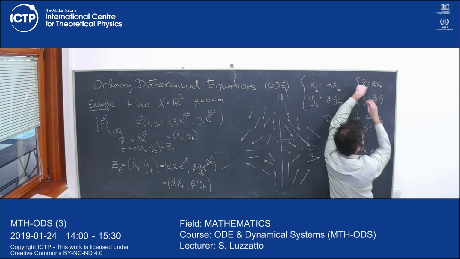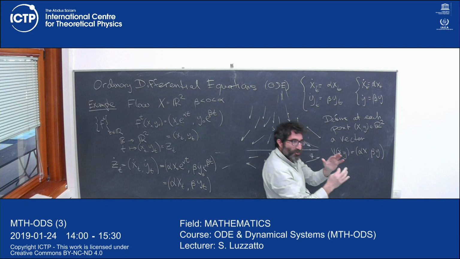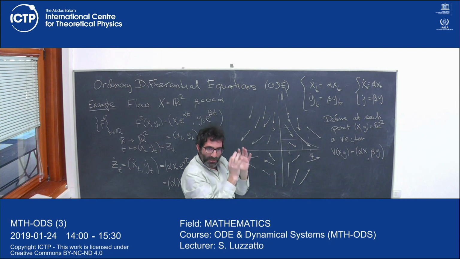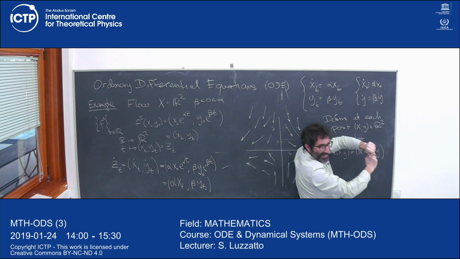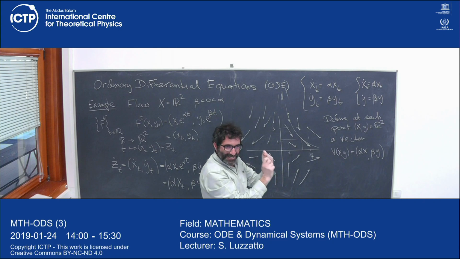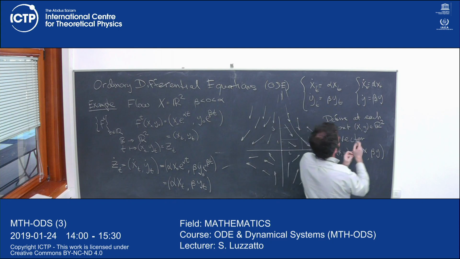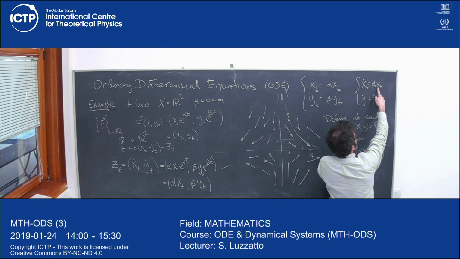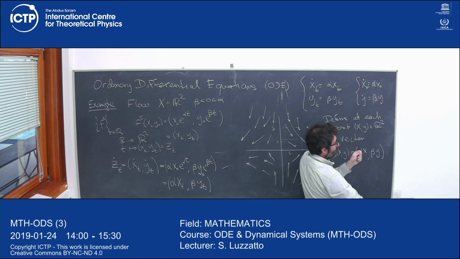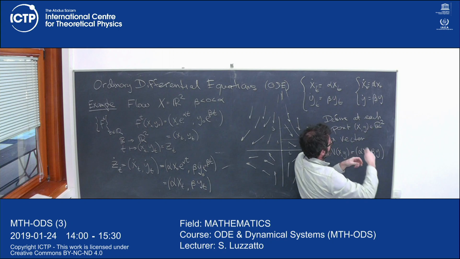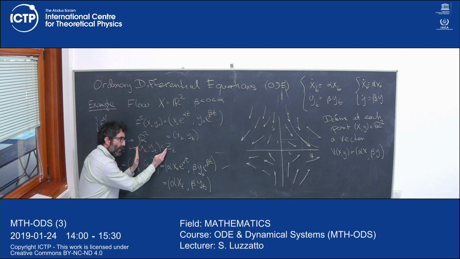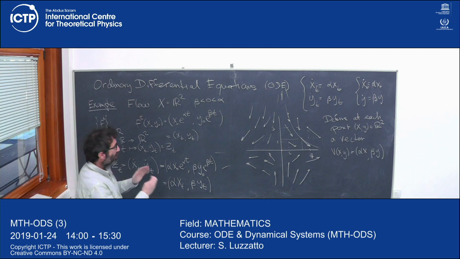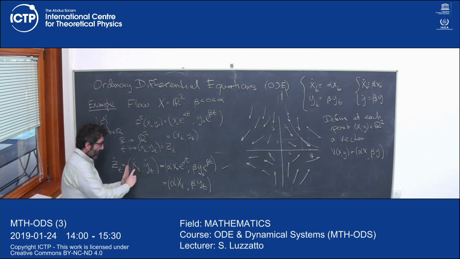I think this causes a lot of confusion: the notation usually used for differential equations does not contain this t, so it's not that obvious what we mean. The solution would be a function x of t, a point that depends on t, so this is a function from t into your space, whatever your space is, and x dot of t is the derivative of that function with respect to t.